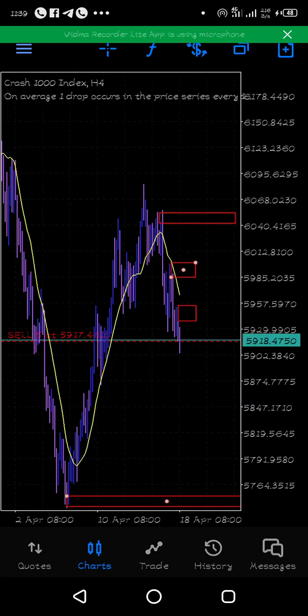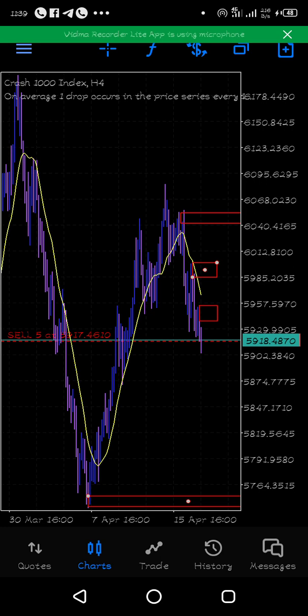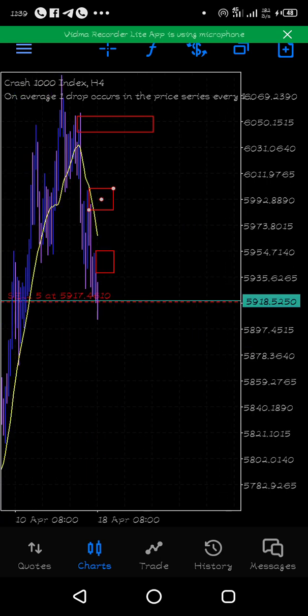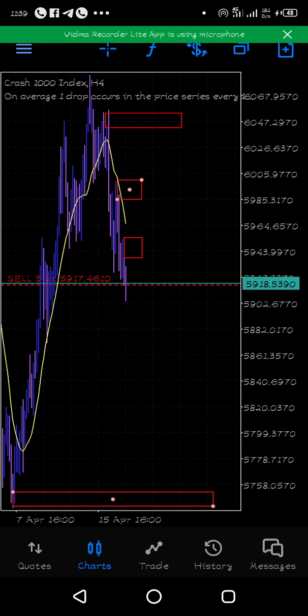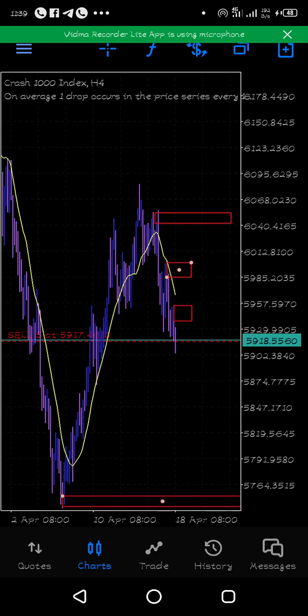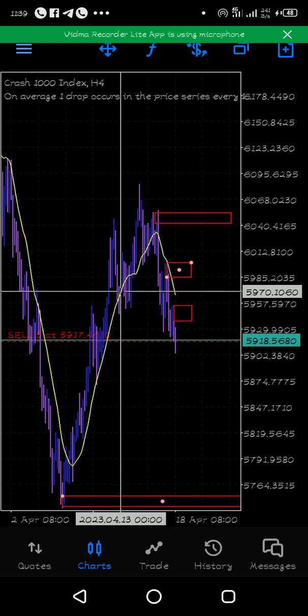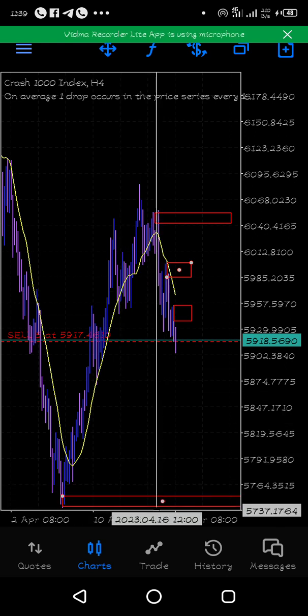That is just the simple analysis. Then any trade I'm taking from here, my anticipated place of reaction for price will definitely be around this zone, this area here.